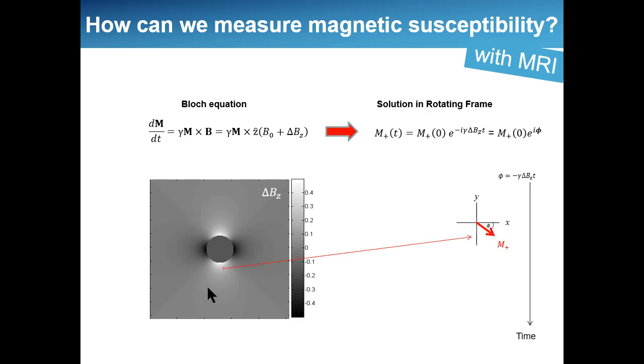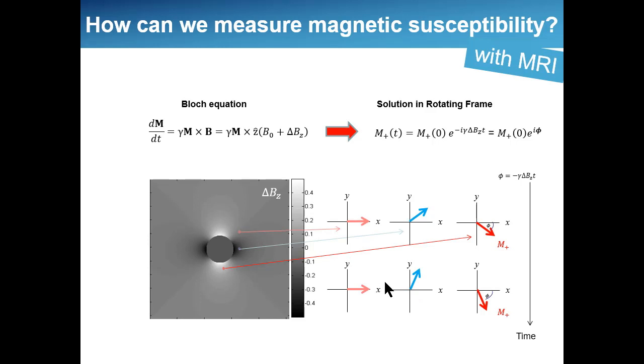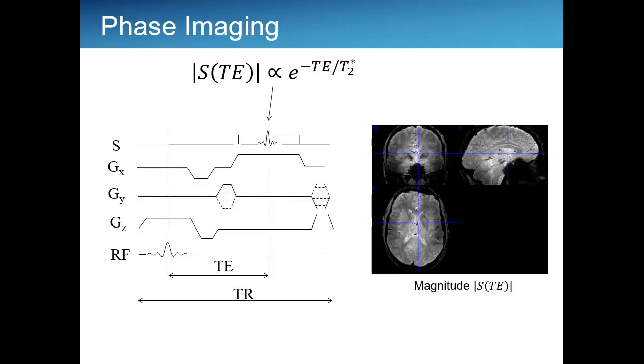So if we look at one region here, we'll get a phase accrual which depends on this positive field. In the negative field, the phase accrues in the opposite direction. In a zero field region, there's no accrual, and that phase accrual continues as time goes on. So by measuring the phase, we can say something about the local magnetic field.